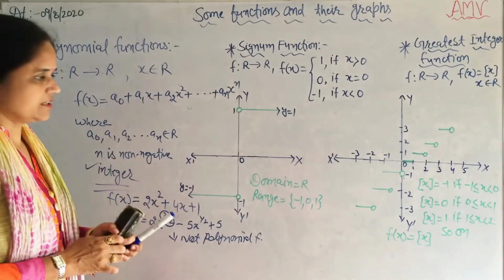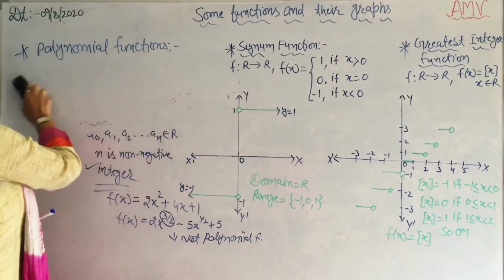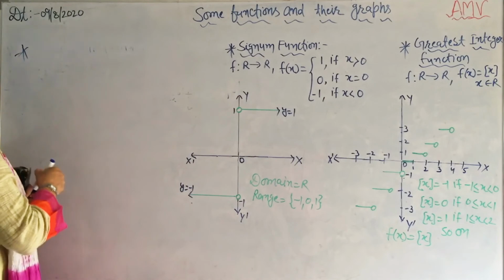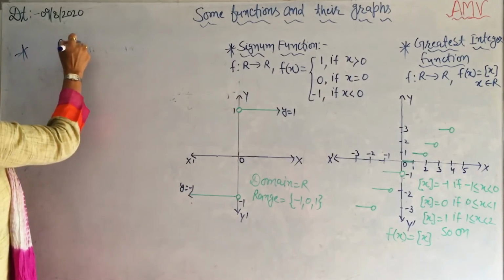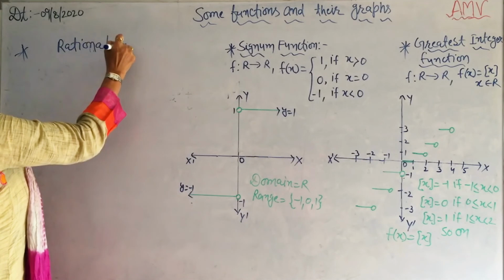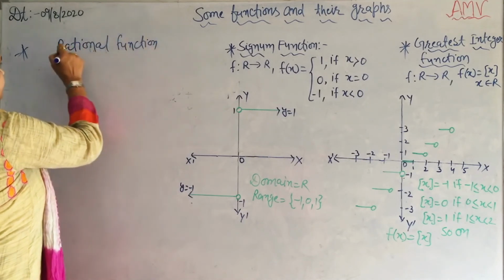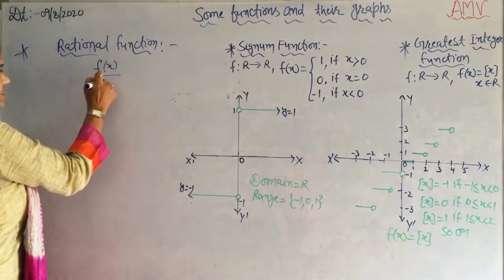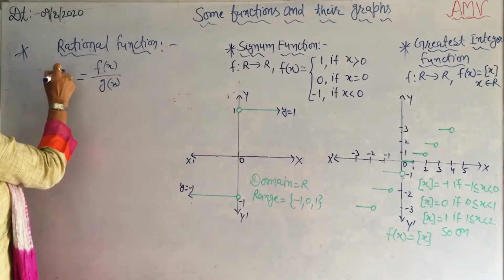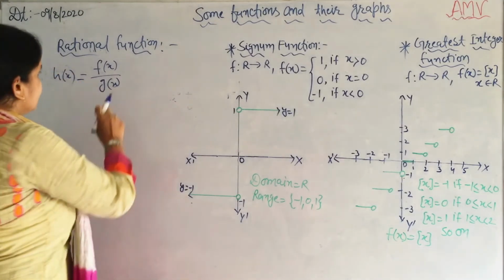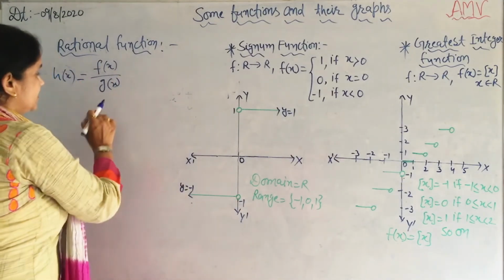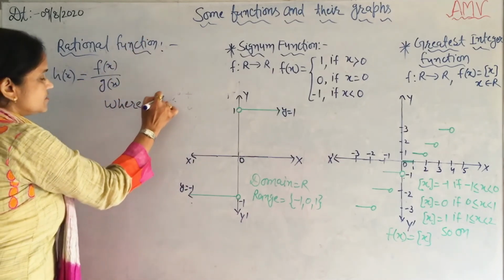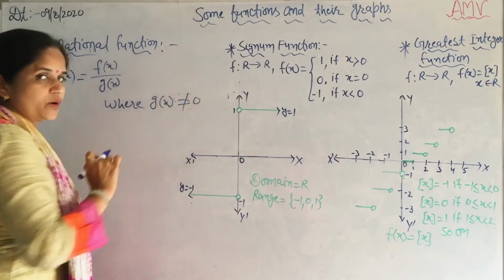Now, the last one is the rational function. A function of the form f(x) by g(x), suppose it is h(x) equal to f(x) by g(x), is a rational function, where g(x) is not equal to 0.